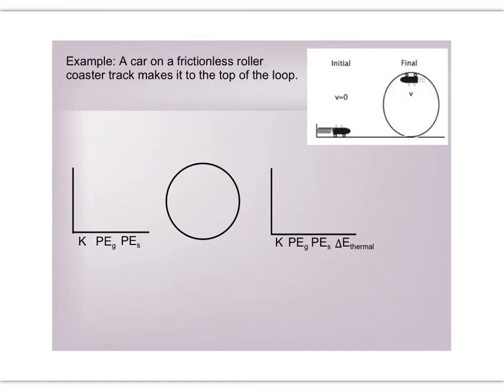So when we start a problem like this one, a car on a frictionless roller coaster track makes it to the top of the loop, the first thing I want to do is pay attention to what system of objects I'm going to have. In other words, what is going to be in my system of objects.